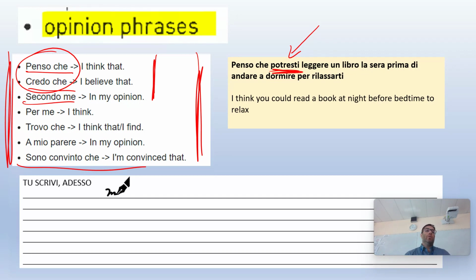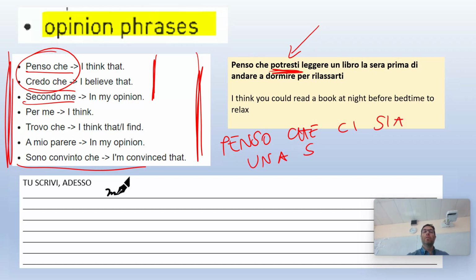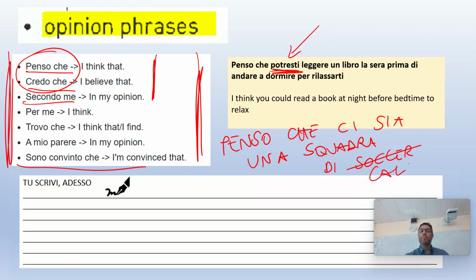In that case, let's say you're talking about a team sport, you might say, oh, penso che ci sia una squadra di calcio vicino casa tua. I think there is a soccer team near your place. Calcio.